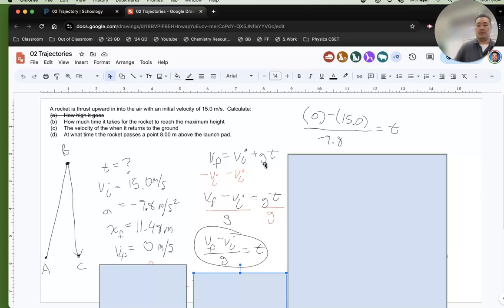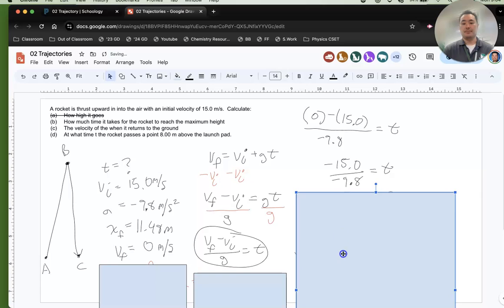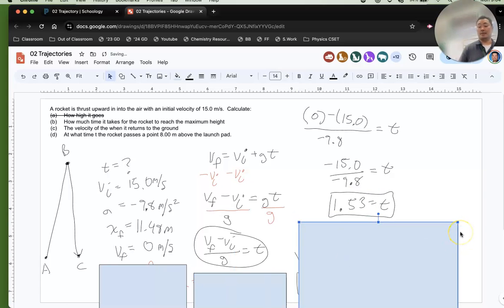Okay, we've got some Crystal, what'd you get? 1.53. That's how many seconds it takes for the rocket to reach maximum height.